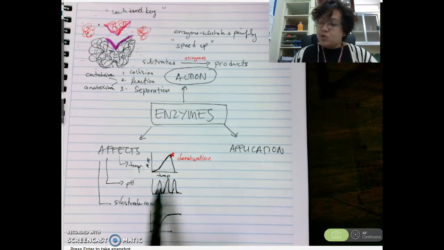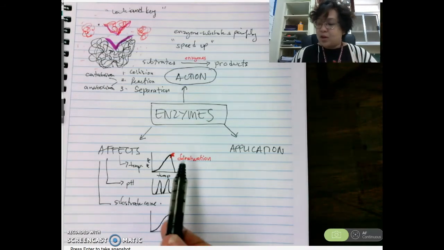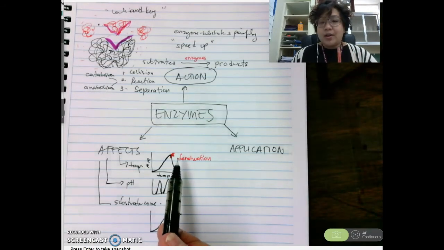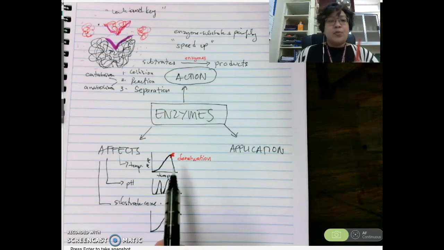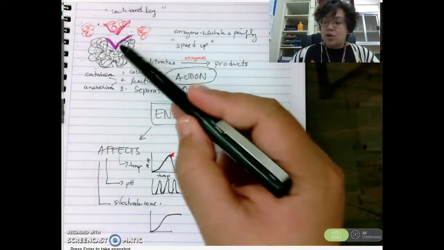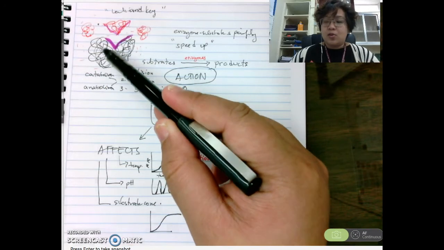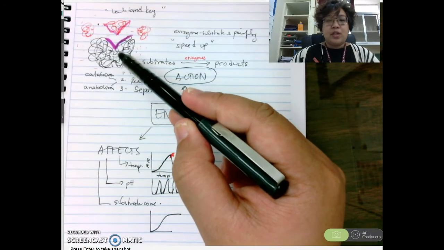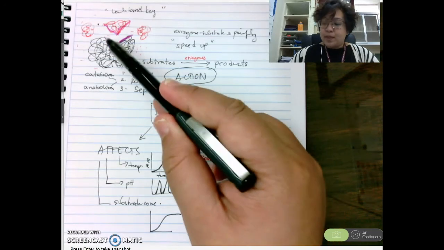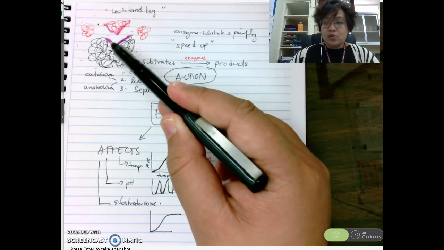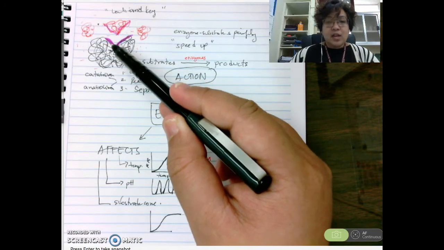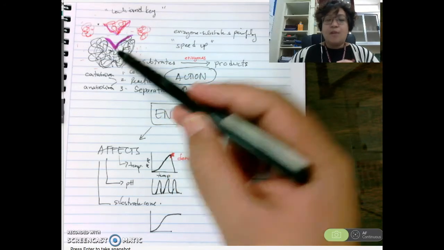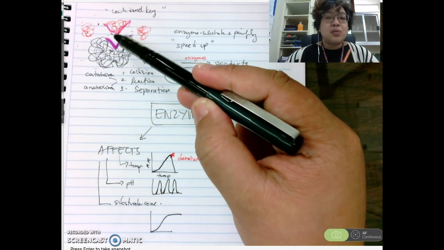So if we keep increasing the temperature, at some point, the temperature is going to be too hot, and it's going to break bonds in your protein molecule. So if I break bonds in my globular folded protein, this will start to unfold and denature. Therefore, this active site shape will also change. If the active site shape changes, it's not going to be complementary now with the shape of your substrate.